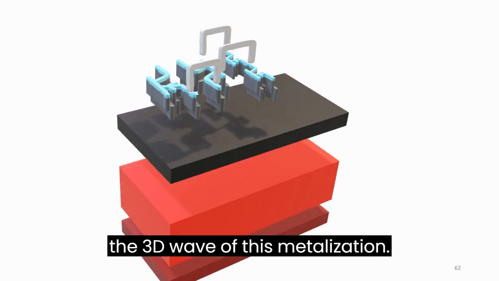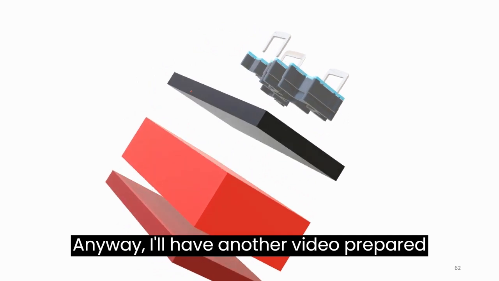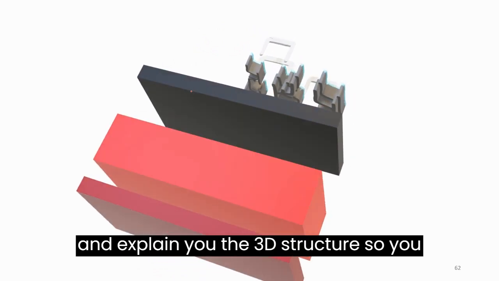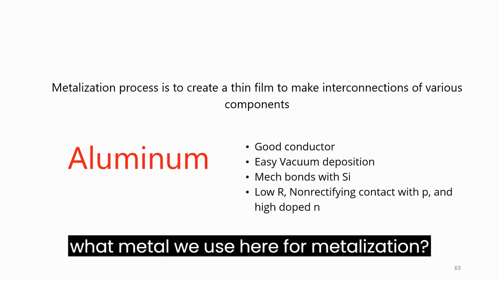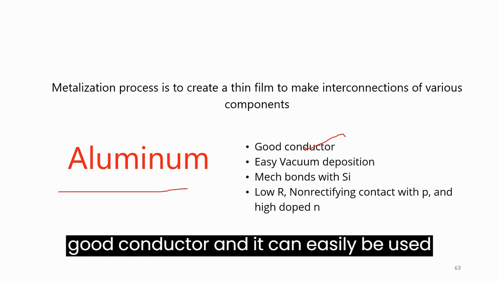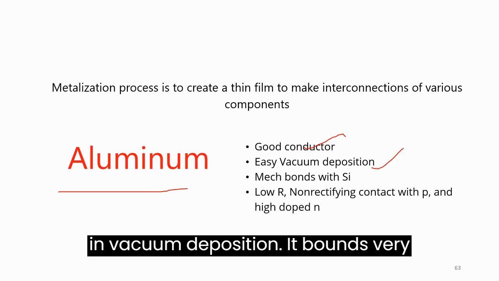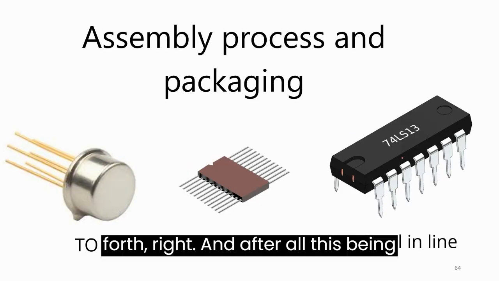This is the 3D way of this metallization. Anyway, I'll prepare another video and explain the 3D structure so you can understand this better. And what metal do we use here for metallization? We use aluminum because it is a very good conductor and it can easily be used in vacuum deposition. It bonds very well with silicon and so on, right.